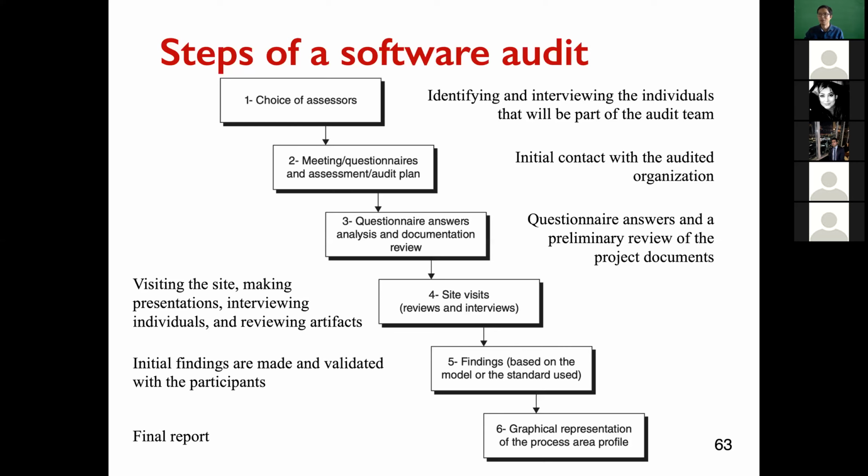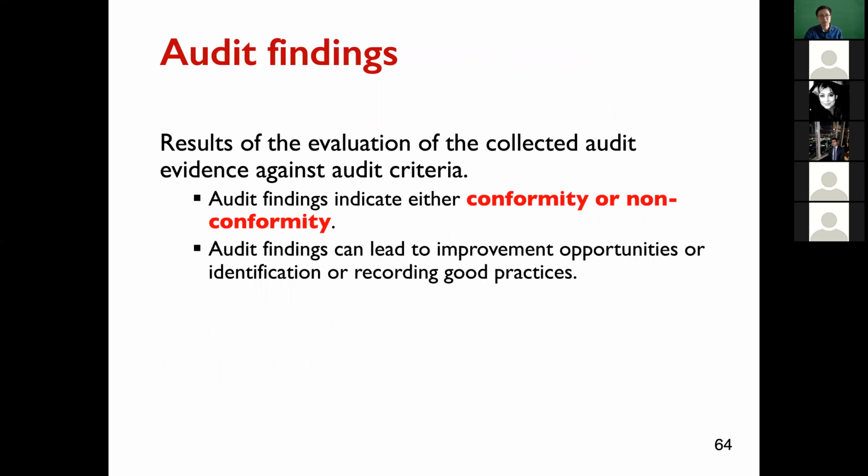And what is the result of the audit? What are the audit findings? The result is an evaluation of the collected audit evidence against the audit criteria. Remember, the evidence is the interview results, the results of reviewing the documents, and the questionnaires.